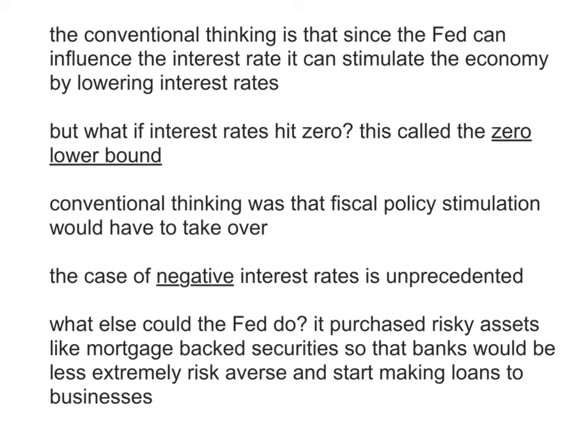Okay, so once interest rates were driven down to zero, the traditional idea was there was nothing more the Fed could do to stimulate the economy. So the US government now can only push for fiscal policy deficit spending as the only remaining policy tool to do more stimulation.